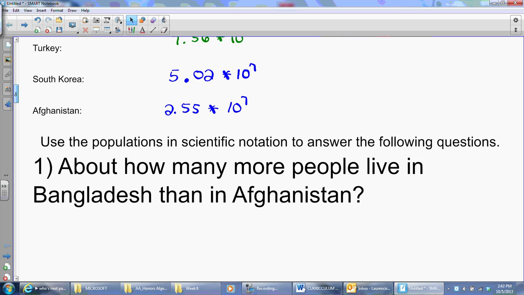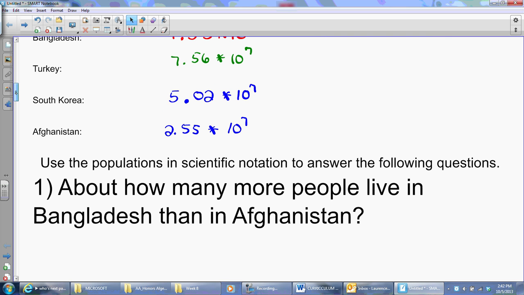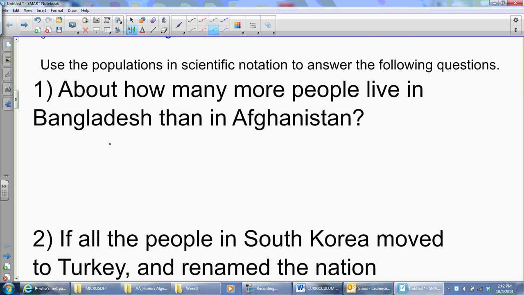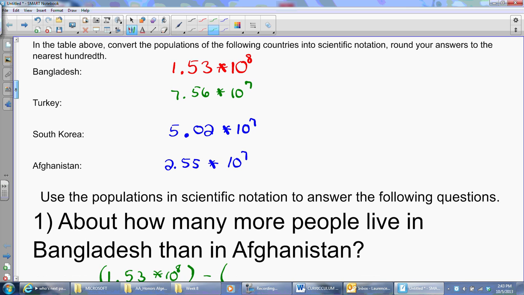So, question number 1 says, about how many more people live in Bangladesh than in Afghanistan? Well, that sounds like a subtraction problem to me. How many more? So I'm going to take the 153 hundredths times 10 to the 8th, and subtract the population of Afghanistan.